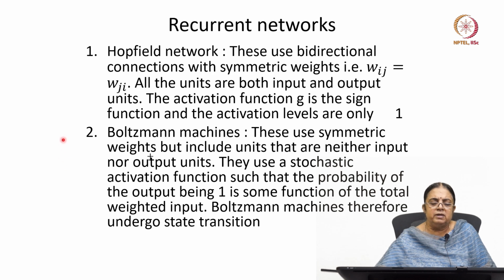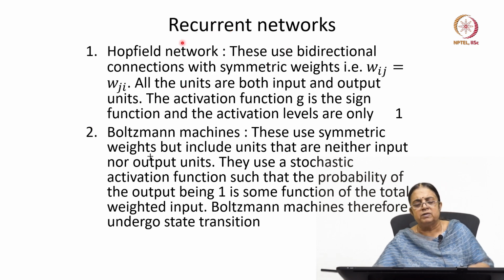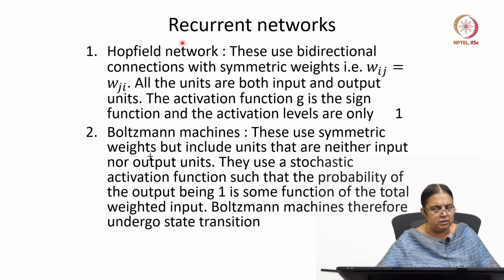There are some other types of neural networks like the recurrent network. What we are going to see is the feed forward network, but we'll just talk about the other types of networks which are there. You have the Hopfield network, which uses bidirectional connections, whereas the feed forward network has connections only in one direction.